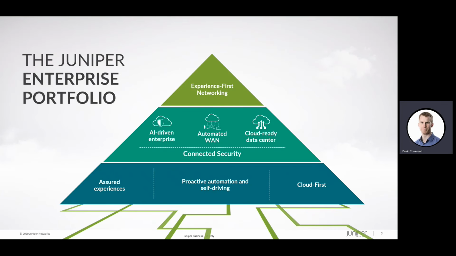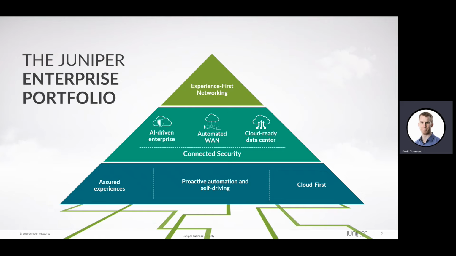Juniper has a complete client-to-cloud enterprise solution, and this encompasses all the elements that you see here to really deliver the best IT and user experiences. The experience-first solution has the following network components. First, the AI-driven enterprise, which includes wired and wireless access and Session Smart SD-WAN, all driven by Mist AI.